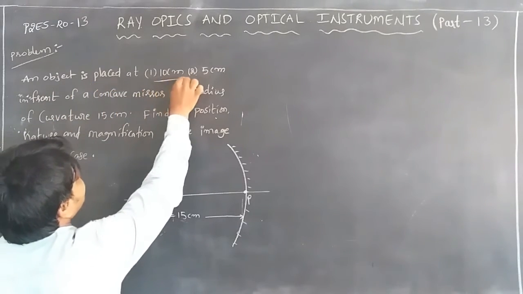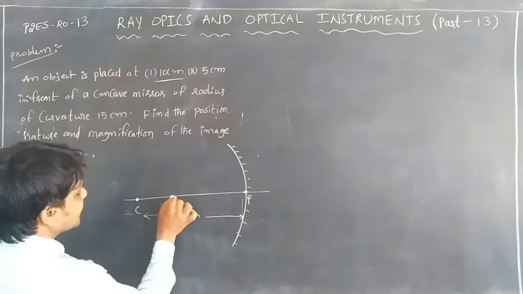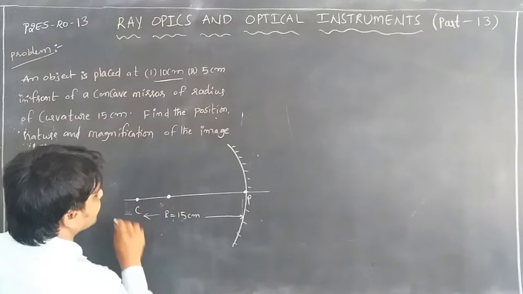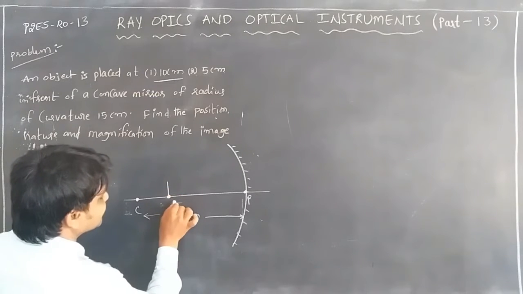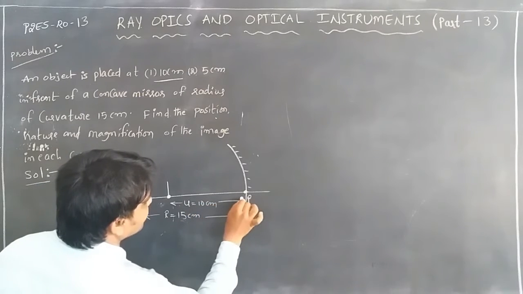First we will take the first case, where the object is placed at a distance of u is equal to 10 centimeters.